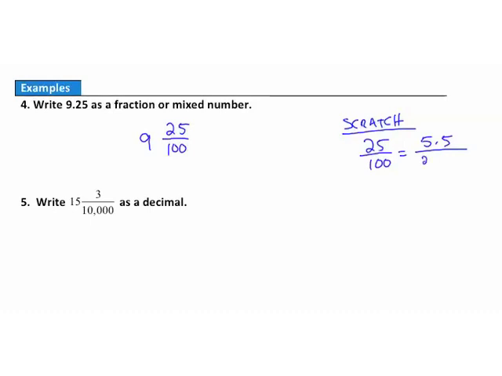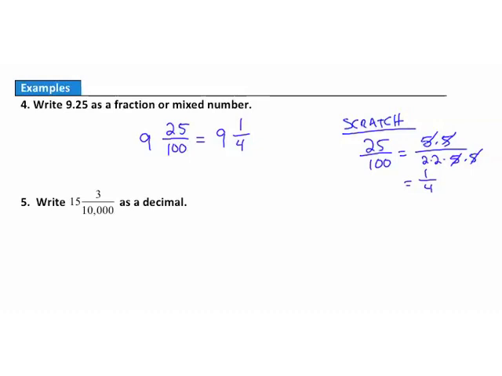Well, 4 is 2 times 2, and 25 is 5 times 5. Divide out my common factors. Looks like I have two 5s in common. So when I simplify this, I'll get 1/4. So this is actually going to simplify down to 9 and 1/4.